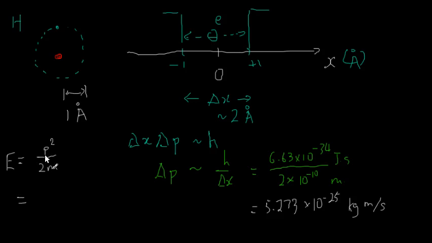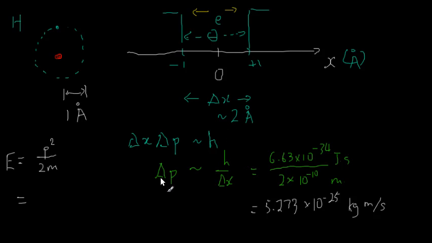But what is the maximum kinetic energy? How can I get it from this momentum range? The way to get that is to look at this picture and say this electron is maybe bouncing around between these two walls. So it is likely to have momenta or velocities in both directions. We know that momentum is a vector.